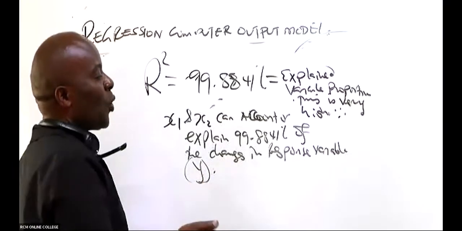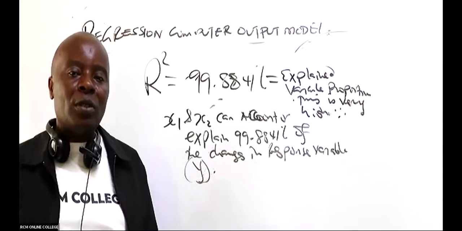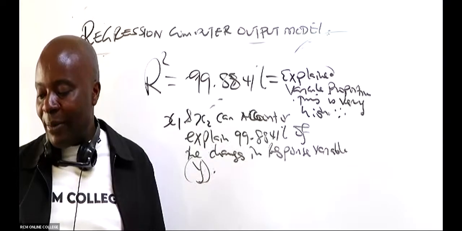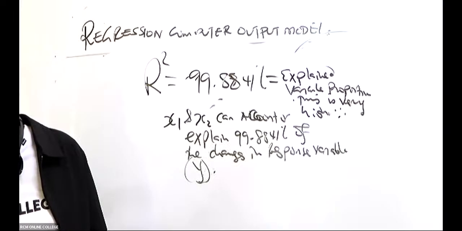So 99% is so high that we don't need to look for any other predictor variable in this case.